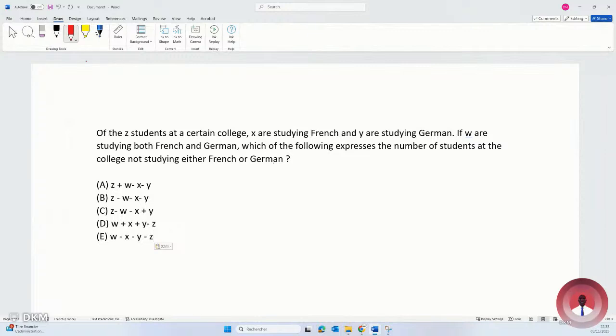Okay, so here it says of the Z students at a certain college. So Z here is the total number of students. Okay, X are studying French. X is the number of students studying French.